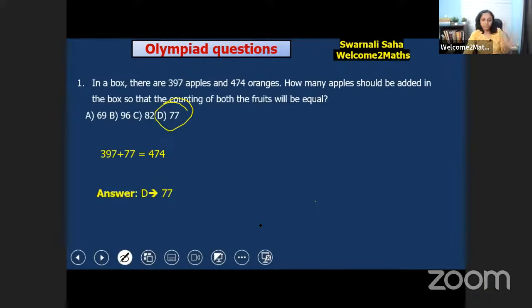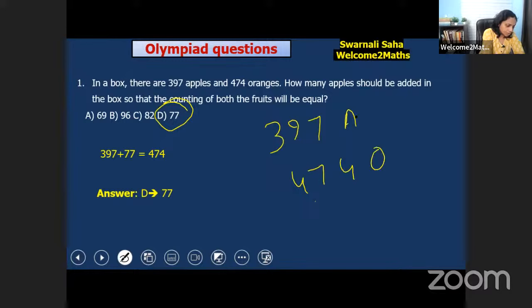You see, here is question number 1. We have 397 apples and 474 oranges, okay? That means the number of oranges is more than the number of apples. So our task is to make them equal.